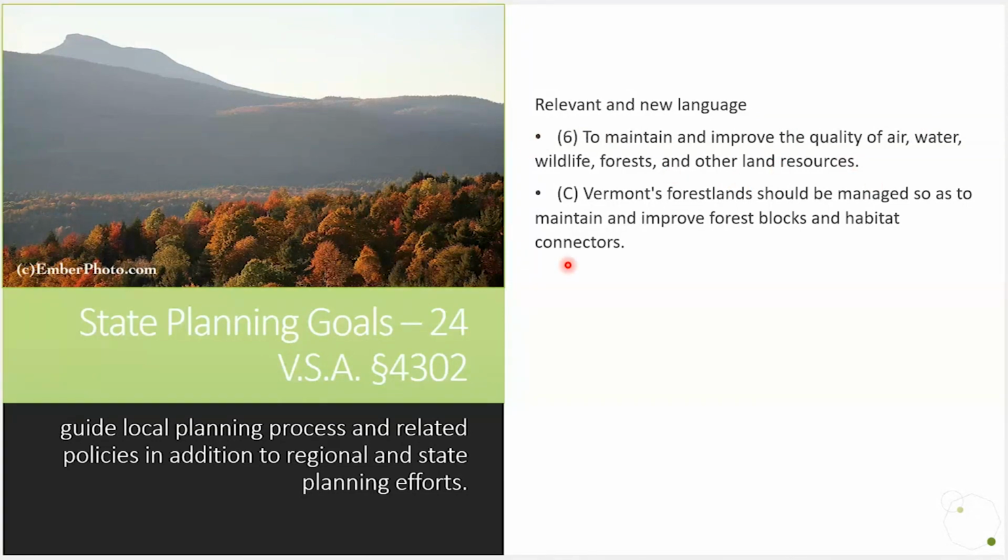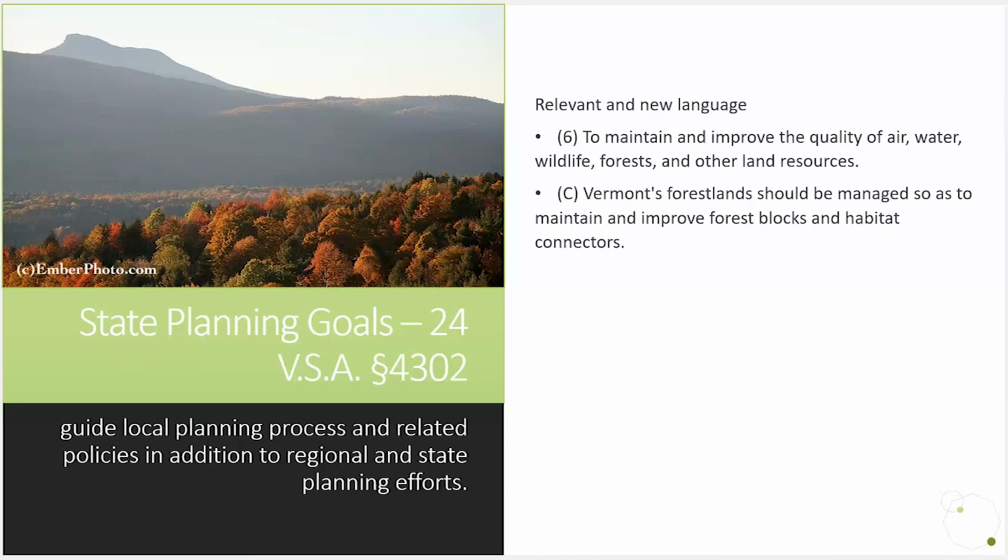And then we also have this new language that, again, Vermont's forest land should be managed so as to maintain and improve forest blocks and habitat connectors. So the idea here is that the state starts off the race with these goals, and then the local partners pick up the baton and implement it at the local level. So let's take a look at some of these different planning goals and see how they can serve as an entry point or a crosswalk into this forest integrity issue we're talking about here today.